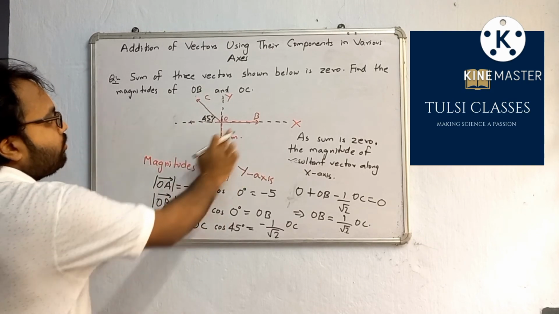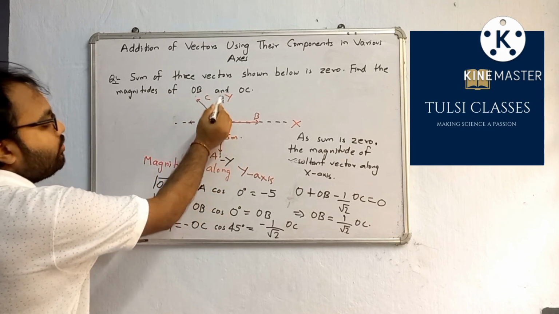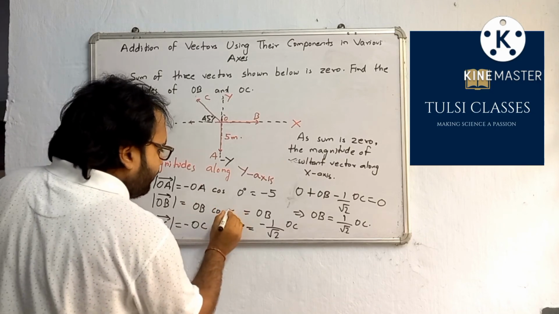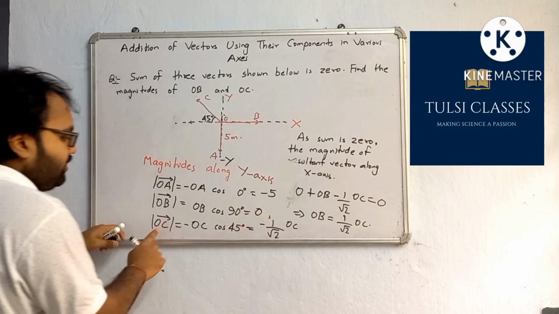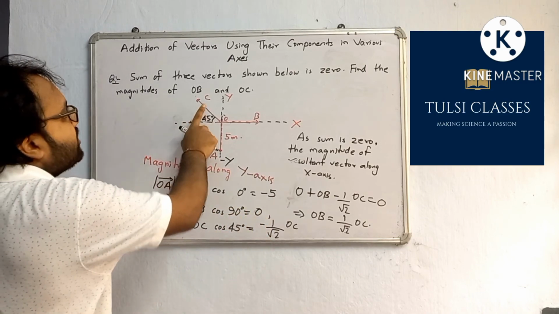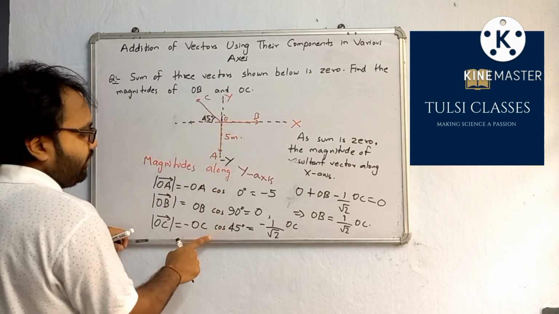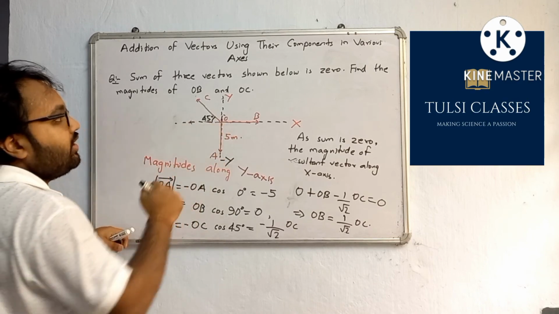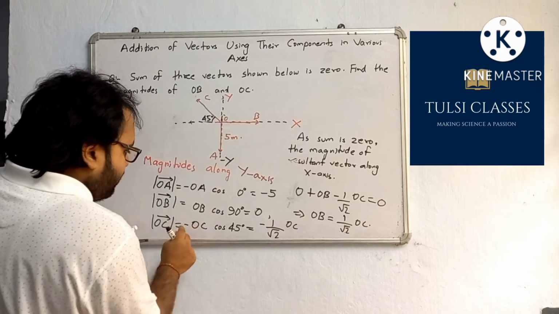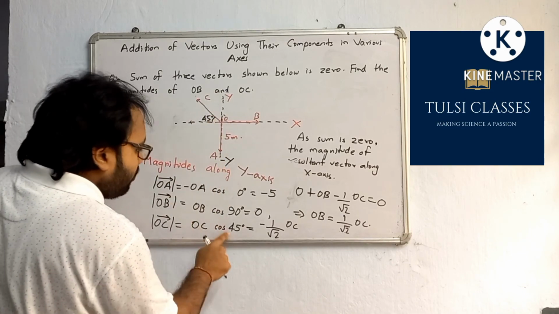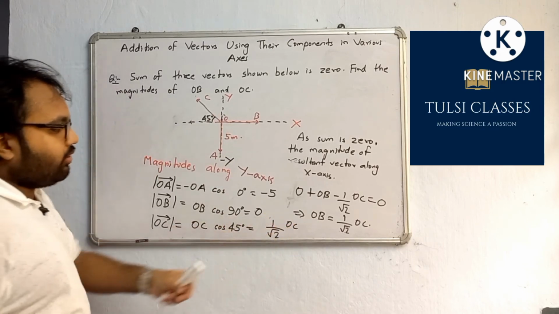Now OB, see this, OB is making a 90 degree angle with the y-axis, so OB cos 90 degree. This will become 0, as cos 90 is 0. In the same way, the OC vector is making 2 angles, one with the x-axis and one with the y-axis. In the x-axis we have taken it negative as it is in the opposite direction. In the y-axis it is making a component equal to OC cos 45 degree, so 1 by root 2 OC.